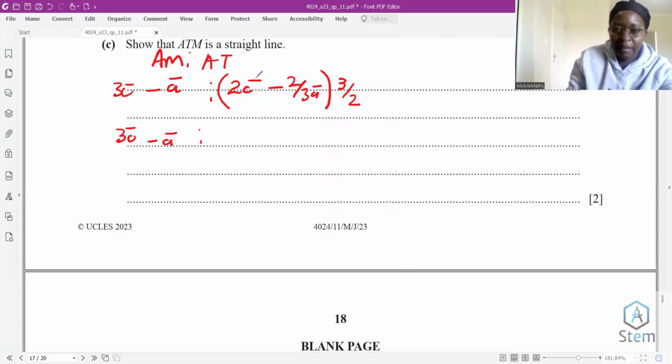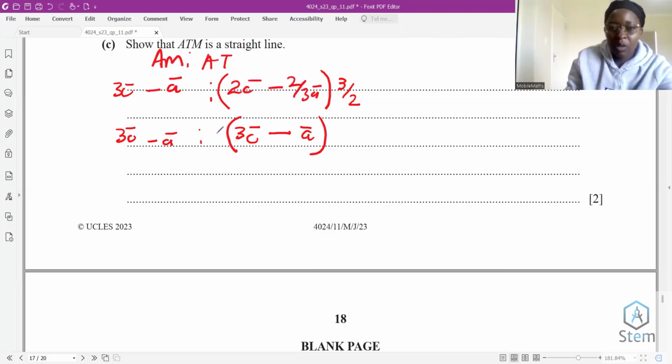If I multiply everything by 3 over 2, for C there, the 2 cancels, so I'll have 3c, then minus this one, they all cancel off each other, and I get a 1a, so I'll have an a. So what it means is this, I factored out 3 over 2 here.